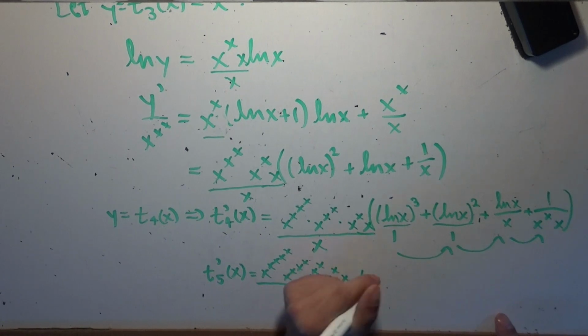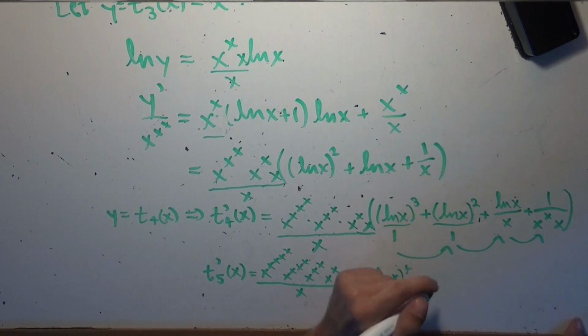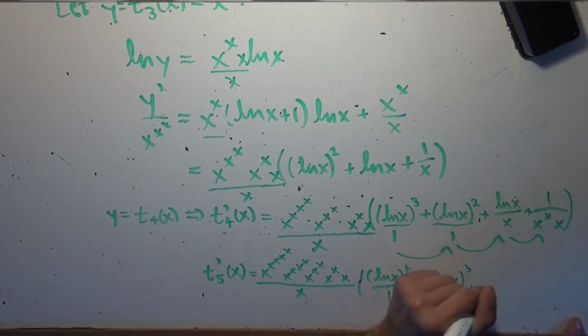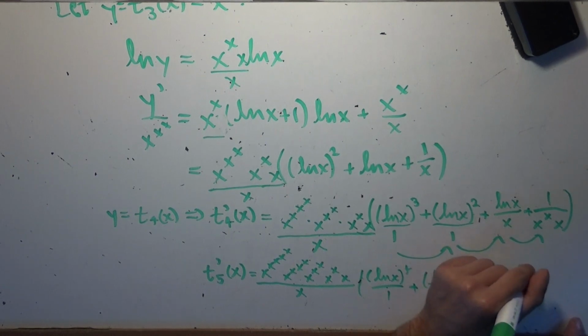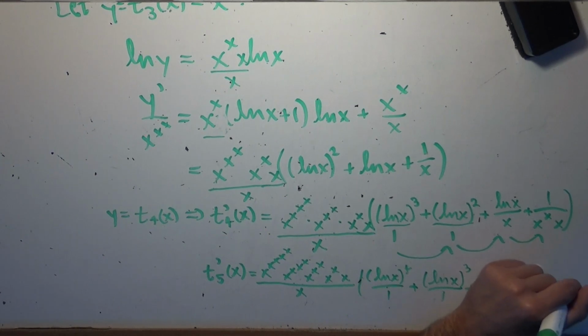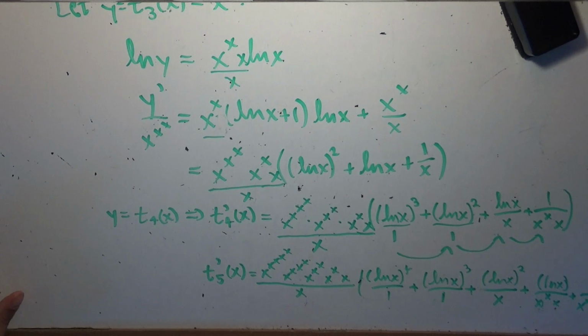Then of course we do end up with log x to the fourth over 1 plus log x cubed over 1 plus log x squared over x plus log x to the first over x to the x times x, and just like I predicted in the previous one, there does in fact become this 1 over x to the x to the x times x to the x times x. So that power tower thing does continue, and you can't really see that off the end, but the point is that I'm correct when I say that.